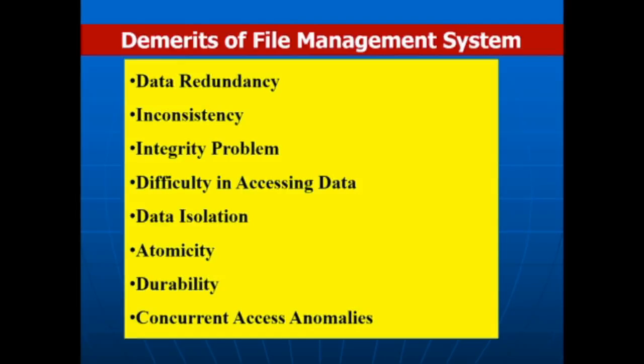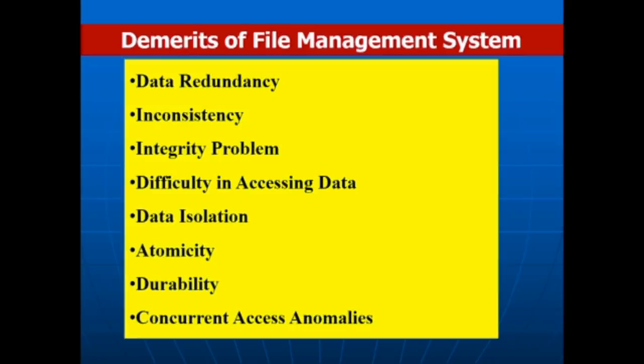Then inconsistency. The data must be consistent. The consistent data, valid data, should be available in the database. Then integrity problem. Integrity means the data must satisfy some conditions. For example, if you are taking gender, it may be male, female or transgender.